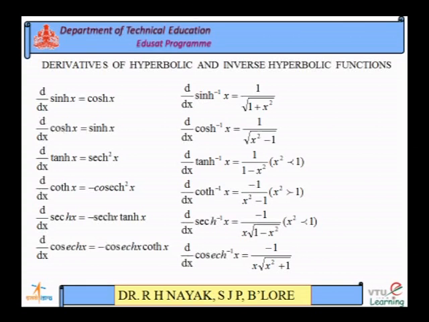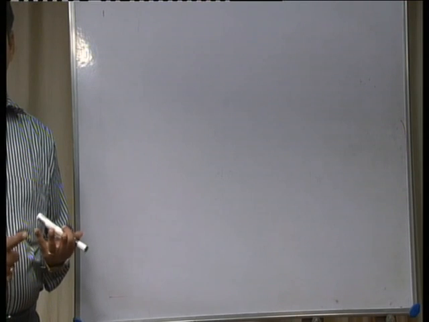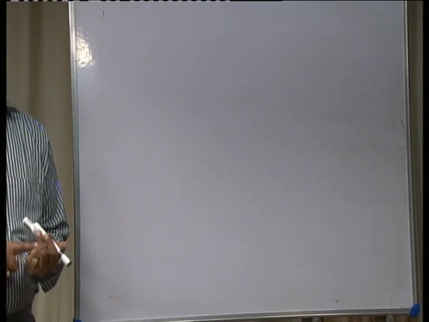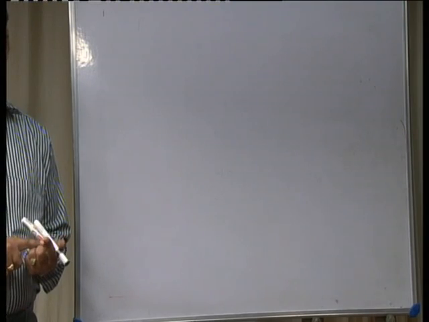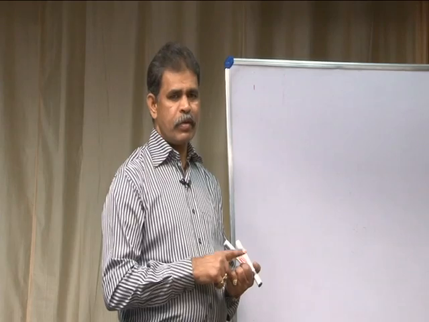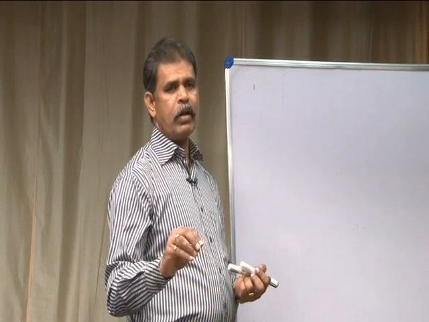All the rules of differentiation are applicable here, and all the types of differentiation, that is successive differentiation, chain rule, parametric differentiation, implicit differentiation, logarithmic differentiation, everything will apply here.